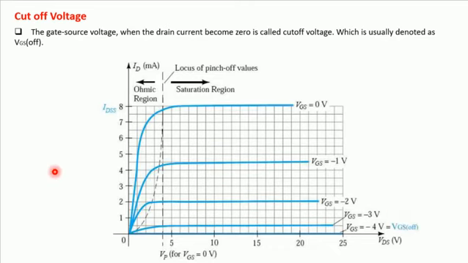So these are the regions of operation, and we can clearly understand that if you do not provide any input voltage, ID will automatically become zero. So this is the cutoff region.